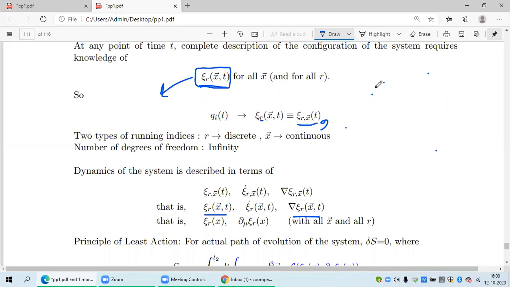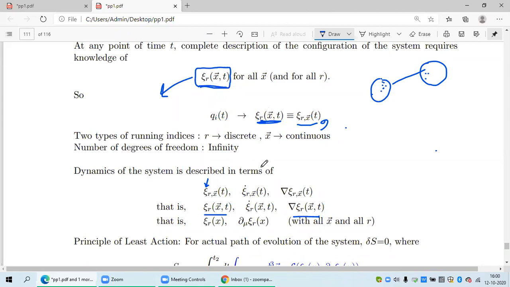the fact is that when you move from a discrete system to a continuous system, then your coordinate has a difference.